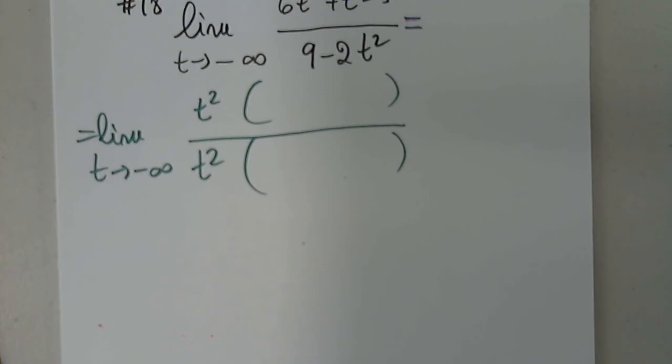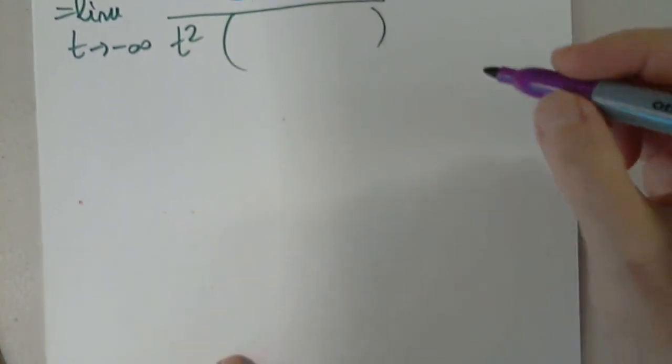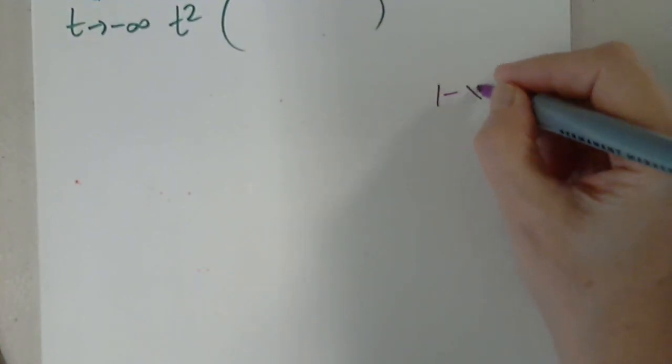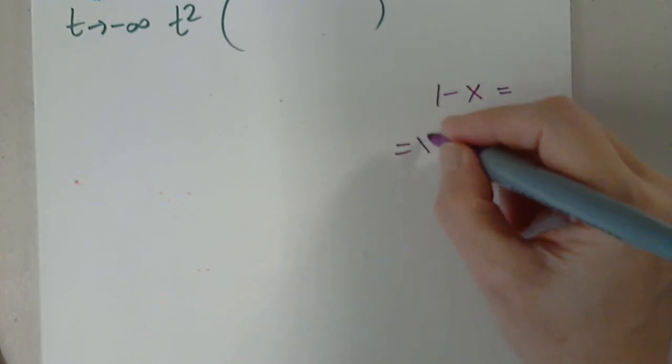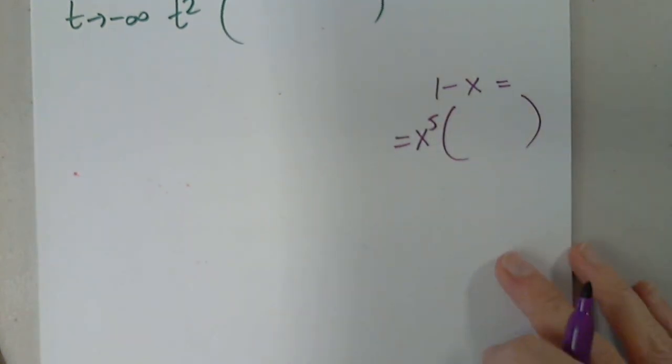I know you will say, but t squared is not a common factor at the top, and t squared is not a common factor at the bottom. I completely agree. I can factor out anything I want from anything I want as long as the rest is legitimate. What I'm saying is, from 1 minus x, can I factor out x to the 5th? Of course I can.